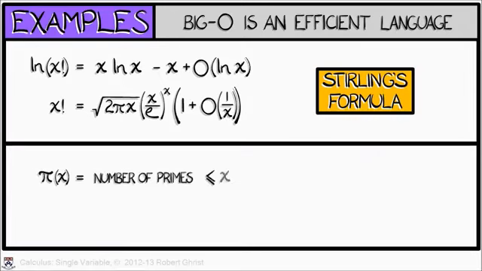Pure mathematics uses big O as well. If we define the function pi of x to be the number of prime numbers less than x, let's restrict to positive primes, of course, and x is going to be, let's say, integer valued. Doesn't matter.